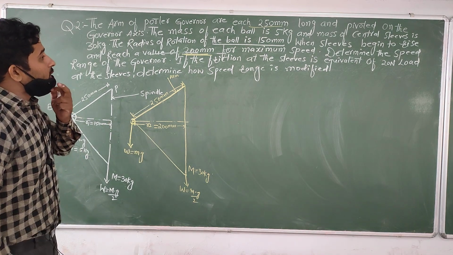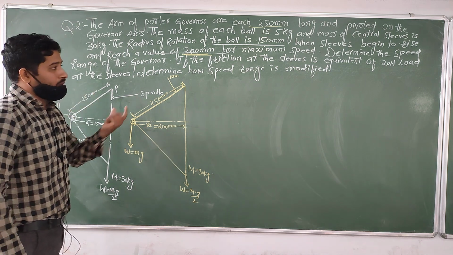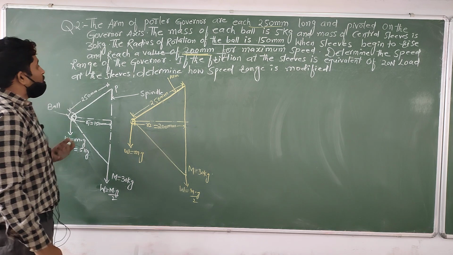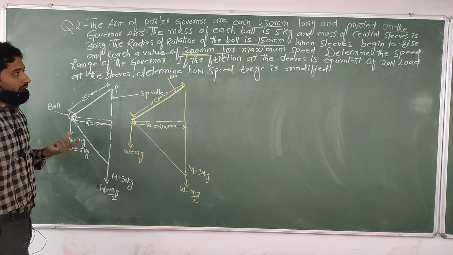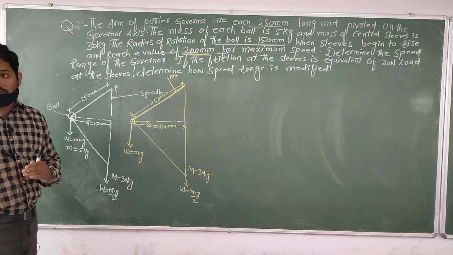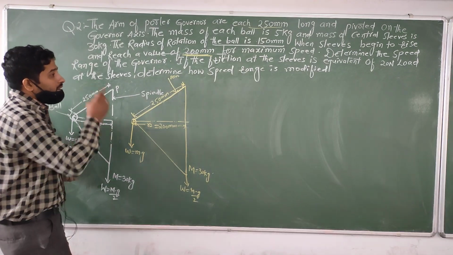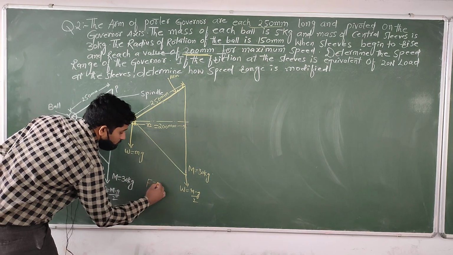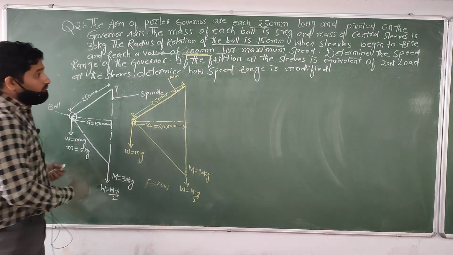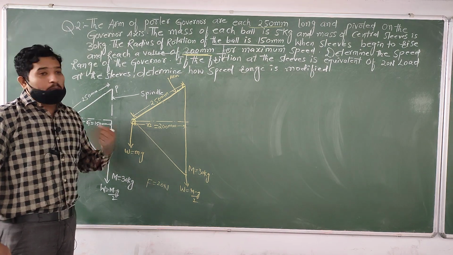When the sleeve begins to rise and reaches a value of 200 mm for the maximum speed, determine the speed range of the governor, as well as we need to find the friction at the sleeve. Is it right? The friction is equivalent to 20 Newton. Here force is given as 20 Newton at the sleeve; determine how the speed range is modified.